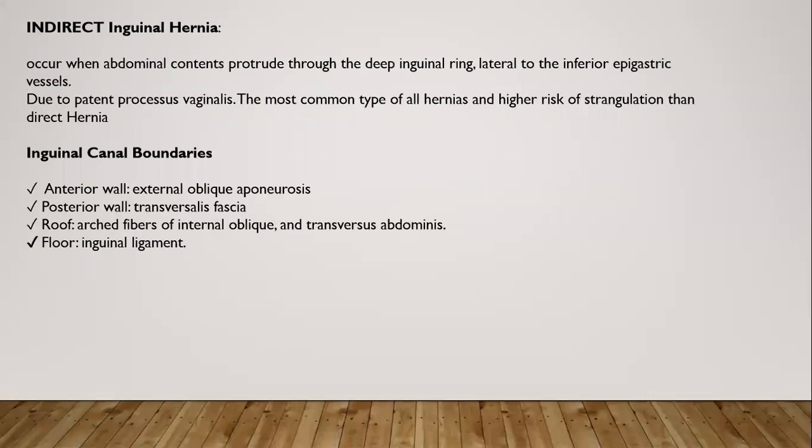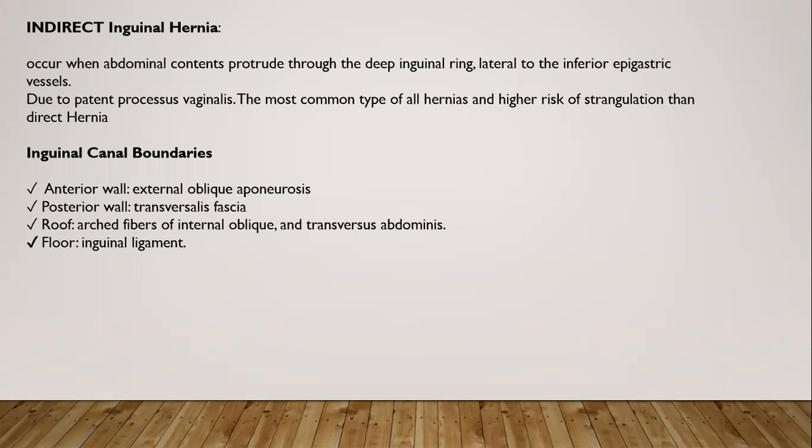So indirect inguinal hernias, we are saying that they are lateral to the inferior epigastric vessels. And this can also happen congenitally, like I said, when the processus vaginalis does not what? I've forgotten the medical term.